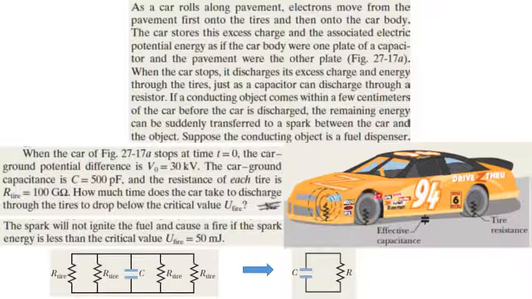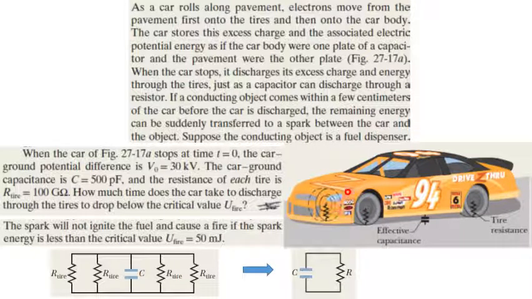And the resistance of each tire, we have 4 tires, is 100 gigaohm. The question is, how much time does the car take to discharge through the tires to drop below the critical value of the energy, which corresponds to U fire?